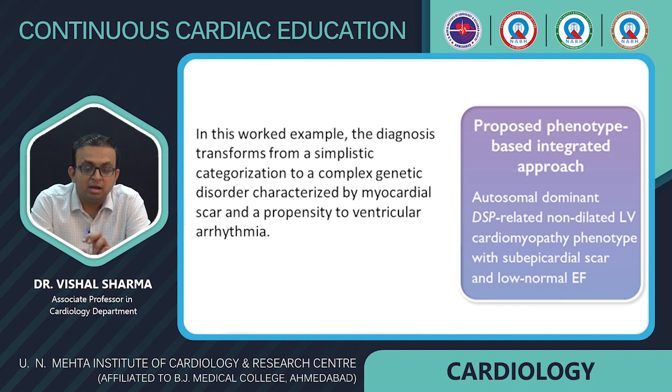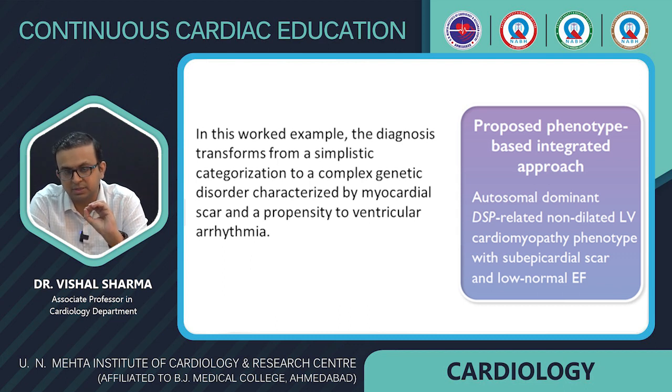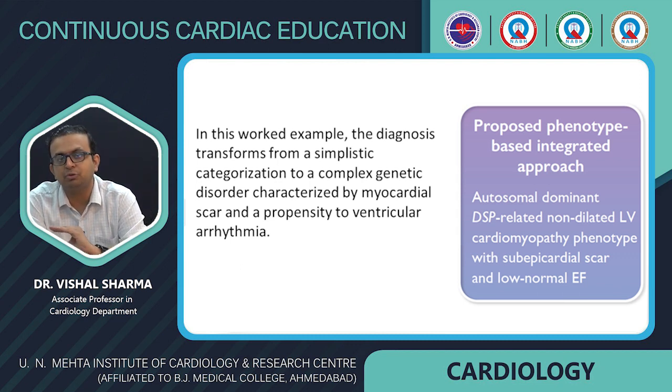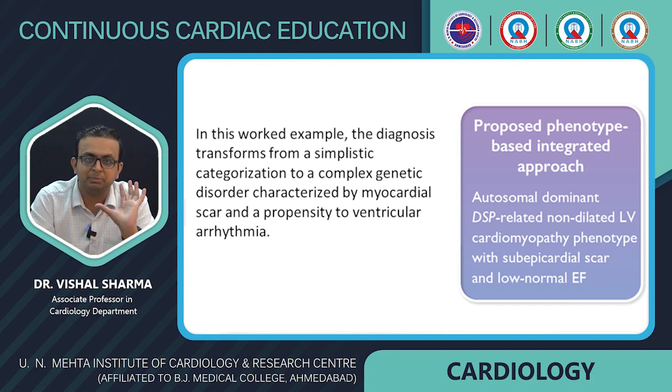And finally, as we saw, from a simple presentation of the patient, hearing his complaints, going for a detailed family history, an ECG, a Holter, echo, and finally MRI, we were helped in reaching a working diagnosis. So from just the complaints of the patient, the family history, ECG, echo and MRI, we reached a diagnosis that the patient is having some sort of non-dilated left ventricular cardiomyopathy.